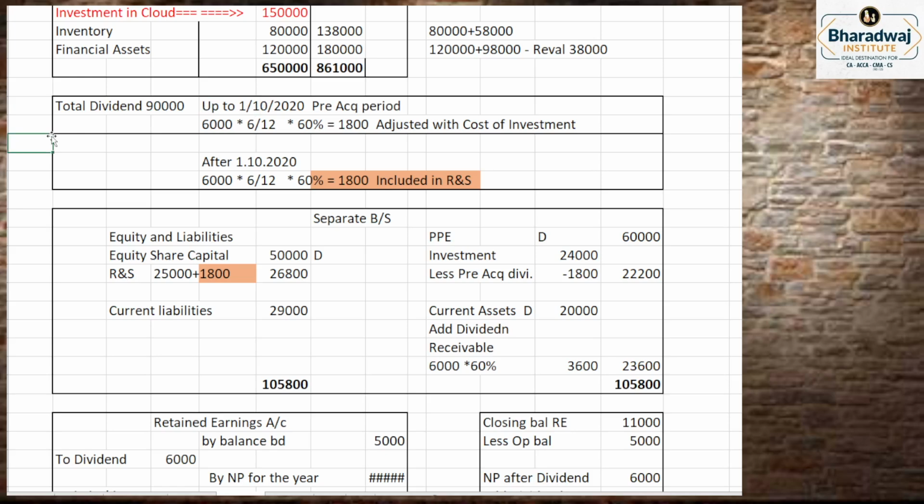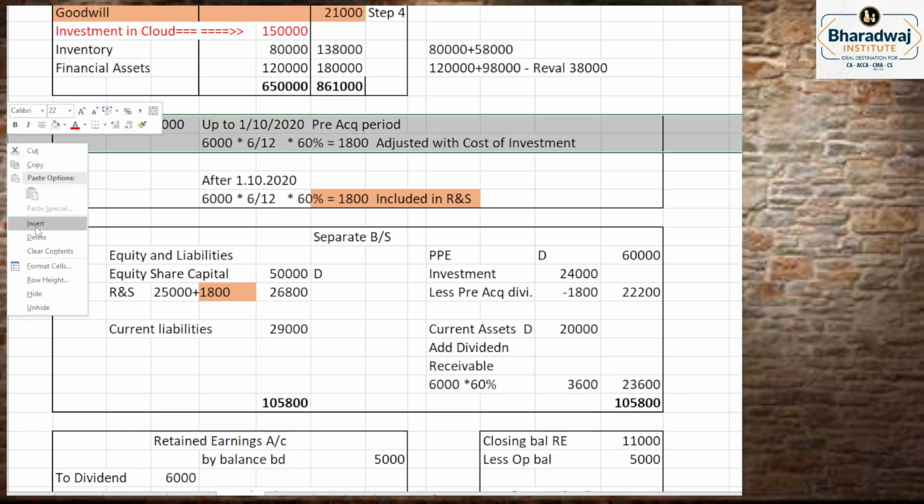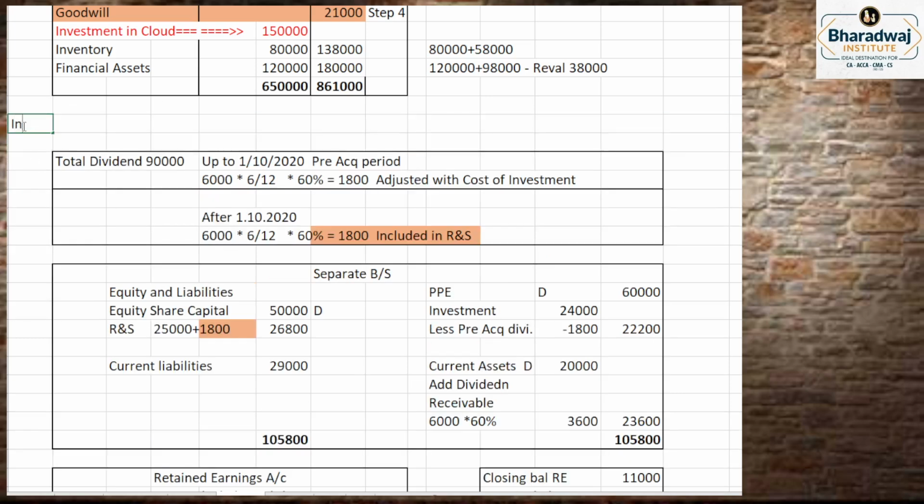In separate financial statement. This is the start. Total dividend is 9,000. Up to 1st October is pre-acquisition dividend.